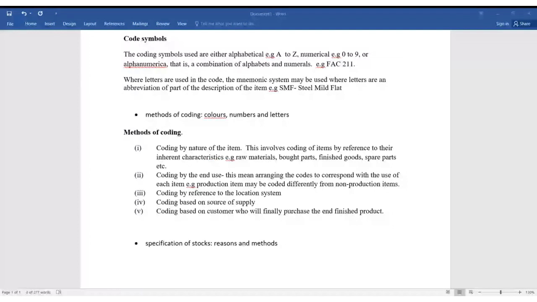The coding system may have several advantages. One, it avoids long descriptions.